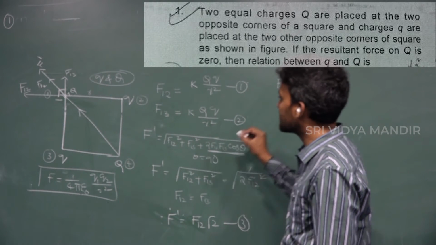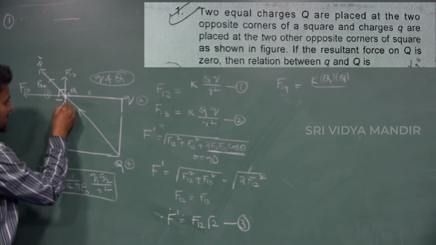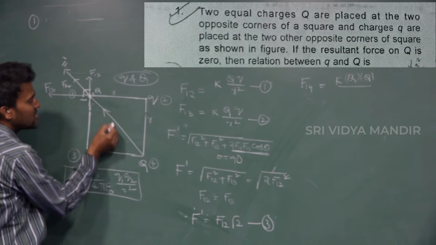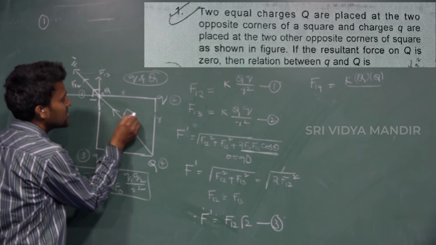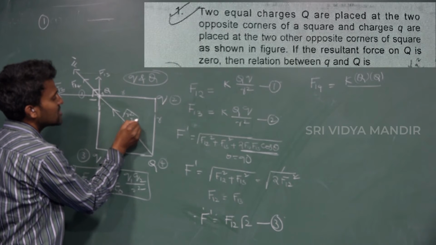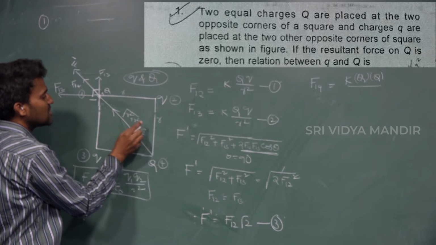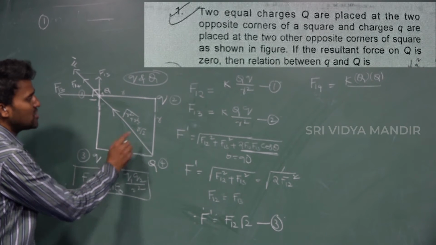divided by the distance. What is this distance here? This side is r. All the sides are the same, r. What is this diagonal? According to the Pythagoras theorem, r square plus r square, that is equal to r root 2. The distance is r root 2.